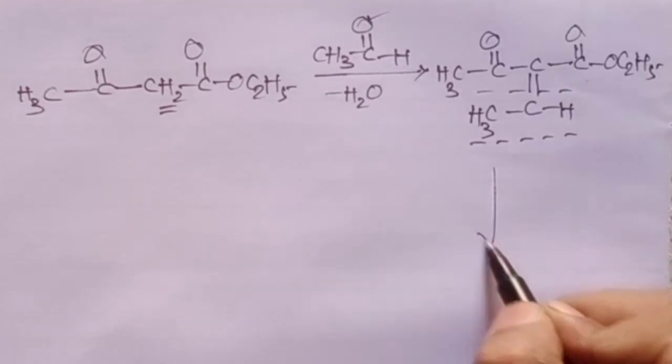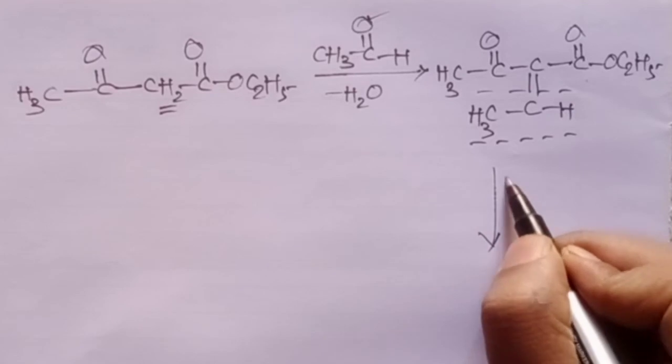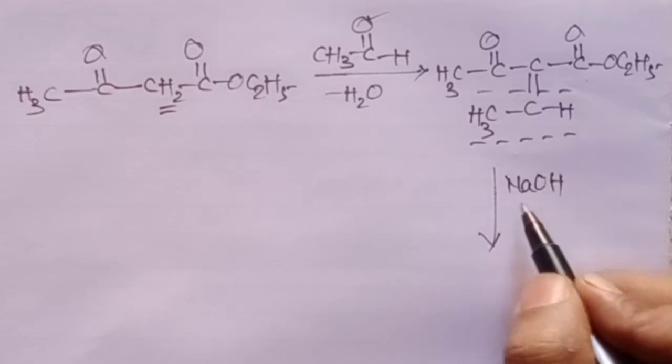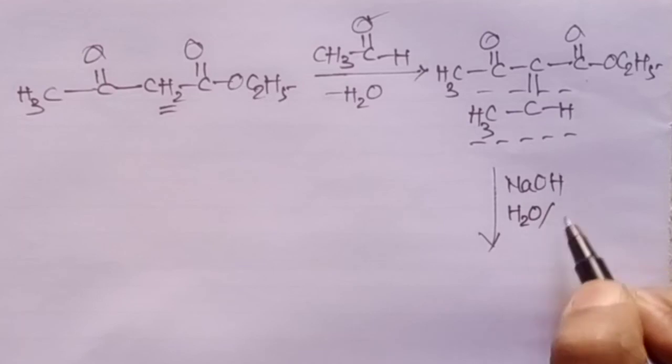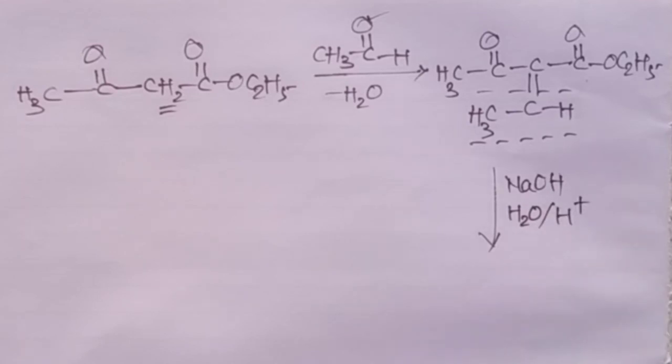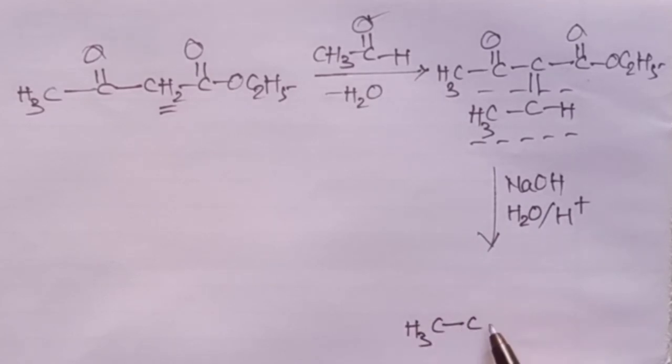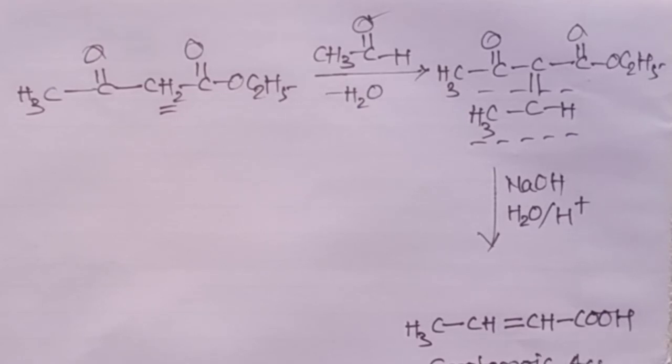On the very next step, as I said, NaOH, sodium hydroxide, and H2O followed by H plus, which will convert the ester to the carboxylic acid. So what will be the product? CH3CH double bond CHCOOH, which is called crotonic acid, plus C2H5OH.